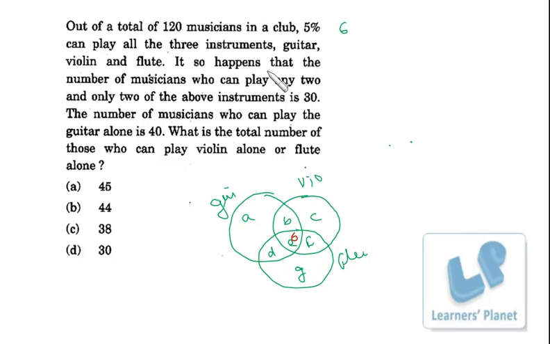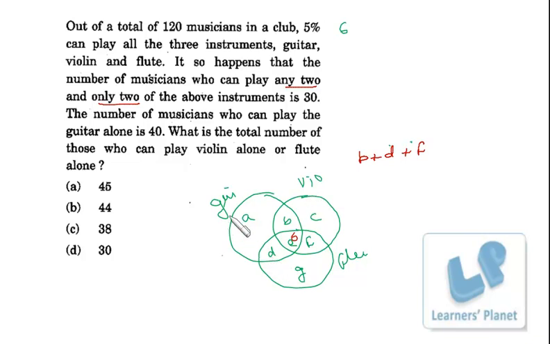Now it so happens that the number of musicians who can play any two and only two, that is B, D and F, B plus D plus F, these are the people who can play exactly 2 instruments. That means B is the number of persons who can play only guitar and violin, right?